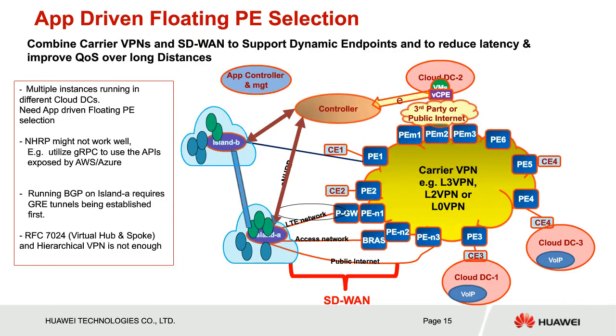Well, the important thing is application-driven forwarding. In the past, from the network providers' perspective, for the network industry, we've been using IP priority to indicate how your traffic should be forwarded.